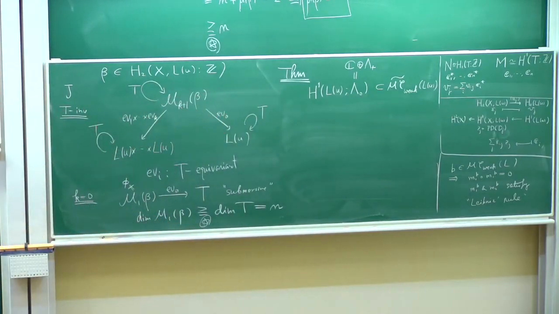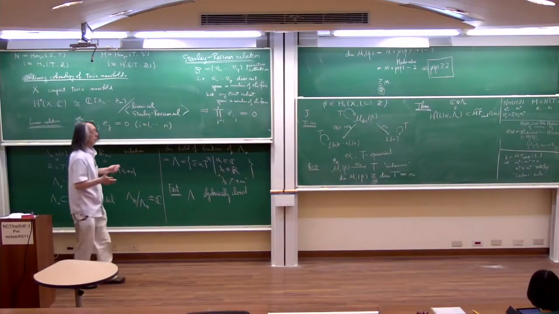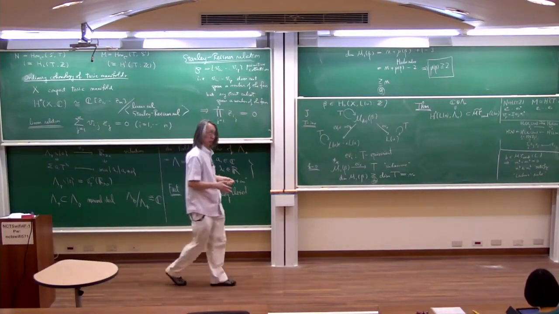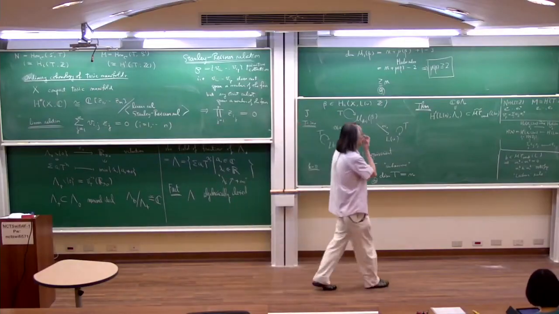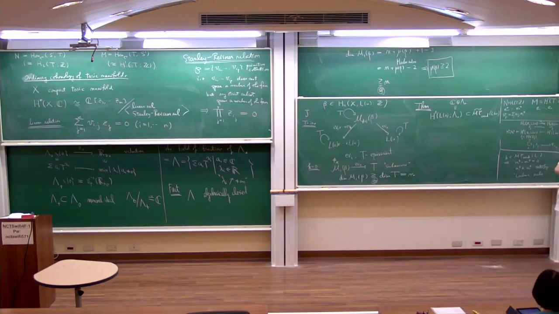Last time I mentioned one thing, namely if the restriction map from X to LU induces a surjection, then under certain bulk deformation, we can find certain Maurer-Cartan element.